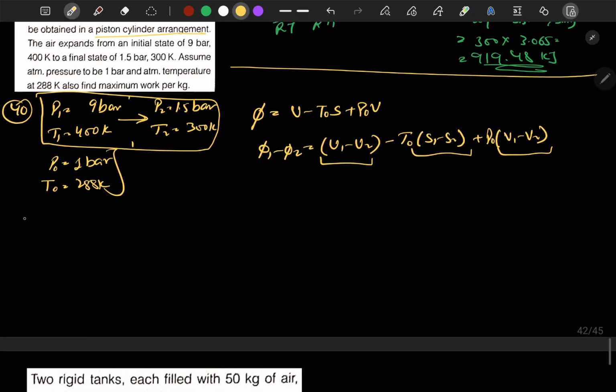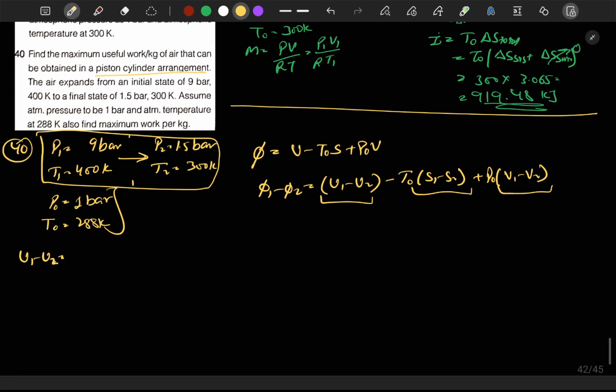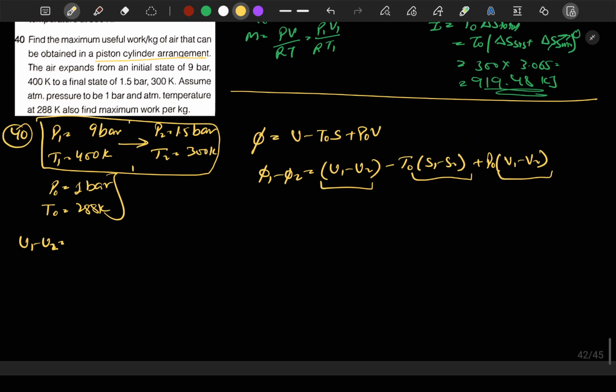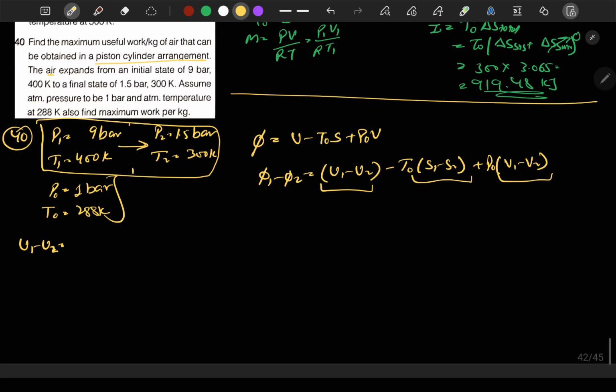So let's first calculate u1 minus u2. Since we are calculating per kg, we can take m equal to 1. So this will be our cv dt, which we write as cv into t1 minus t2.